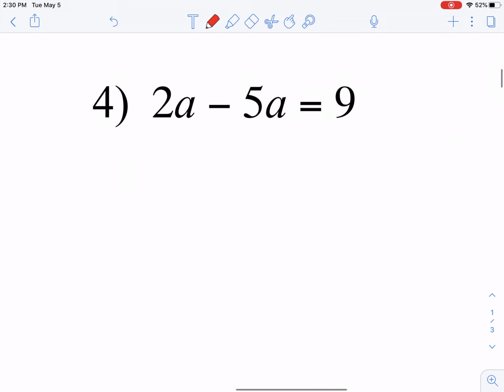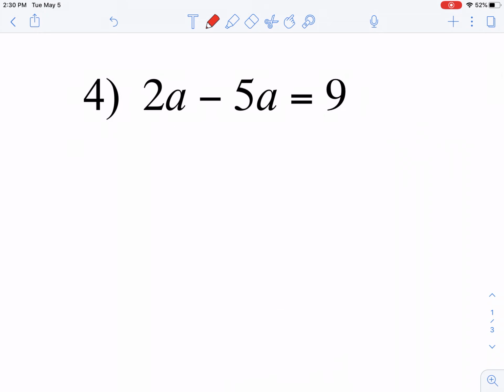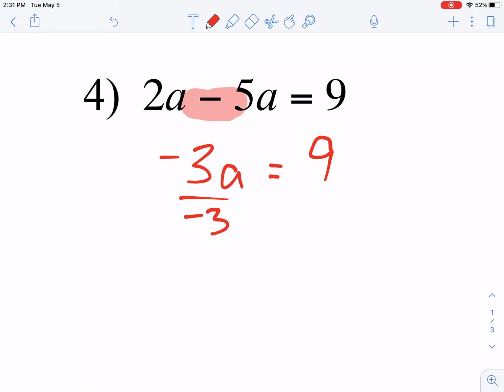For problem number 4, again, we have a subtraction sign here in the middle. So it's really going to be positive 2 plus negative 5, or 2 minus 5, which is going to give us negative 3, and the a comes along. It's equal to 9. We're going to divide both sides by negative 3.